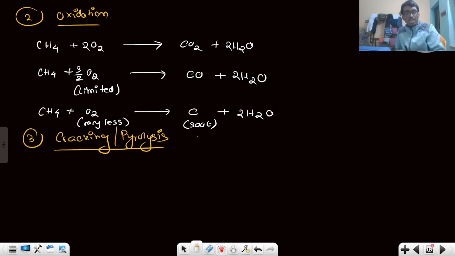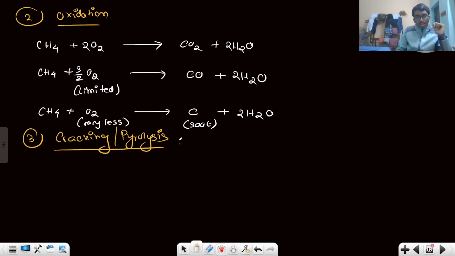Now next we have cracking or pyrolysis. Same words, same meaning. Cracking means breaking down one alkane into smaller alkanes, or even alkenes can form. So it is at a very high temperature.